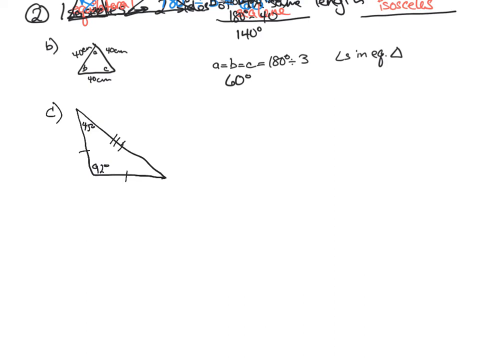So in this case, I just have to do what we did before, 180 minus 45 plus 92. My reason, 180 degrees in a triangle. I have 180 minus 137, and that's going to give me 43 degrees.